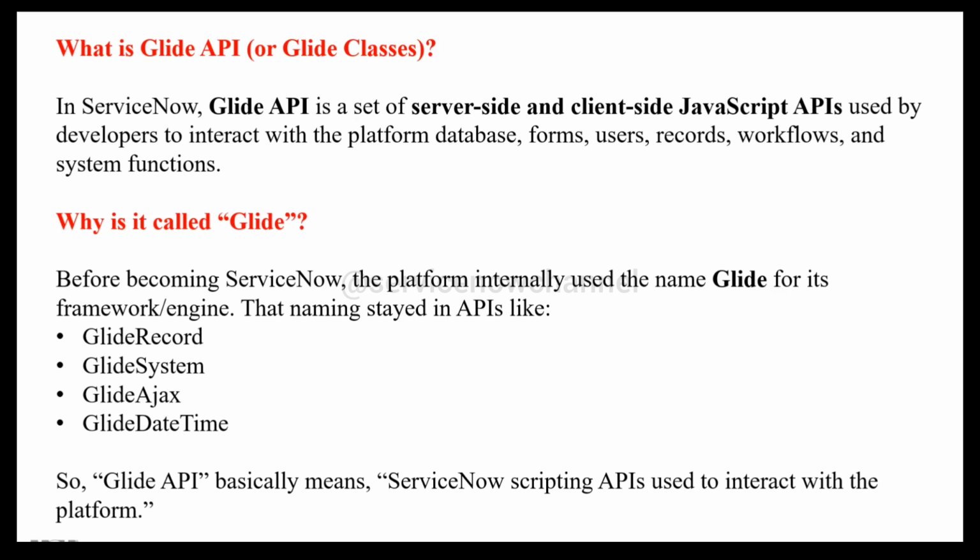So Glide API basically means ServiceNow scripting APIs used to interact with the platform. Each Glide class serves a specific purpose. Like we have different types of classes. So let's see what the purpose of those classes is.